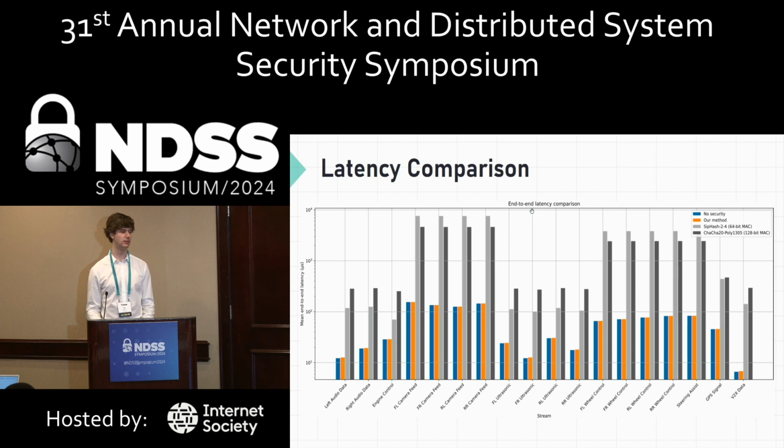We found that when we looked at the latency of all of our data flows, so each group of columns is a data flow, our method produced latency that was just barely over the no-security case, but far below the latency produced by actually creating and verifying the cryptography tags. And in some of these cases, actually, the cryptography tags violated the deadline of those packets.